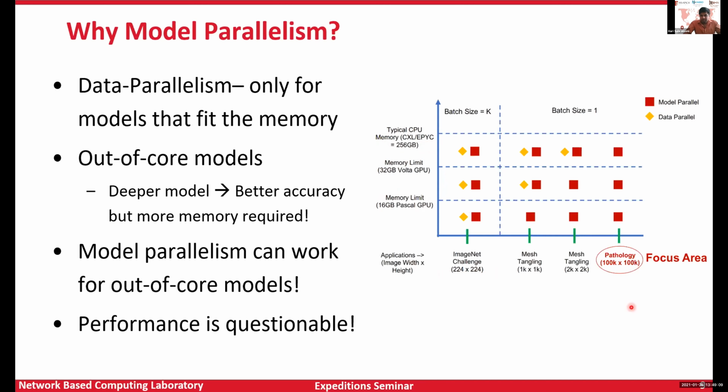So what parallelism techniques can be applied to different data sets on different processor architectures? That's what we are trying to show here. As you can see, with WSI pathology images, only model parallelism will work because the data is so large that it cannot fit in the memory of a traditional compute node.